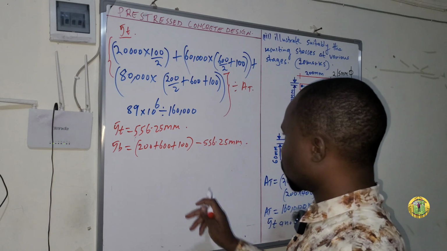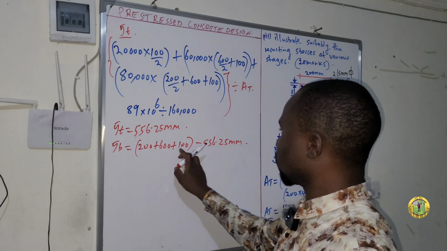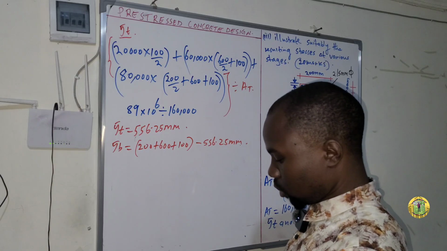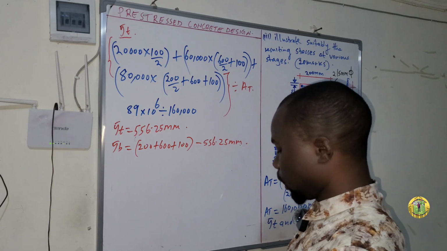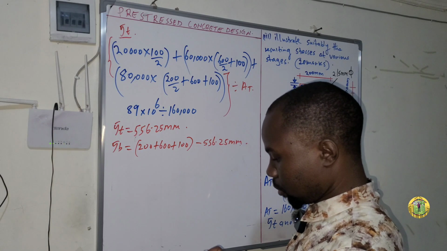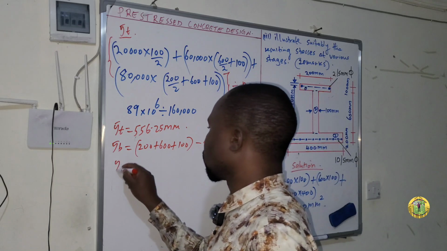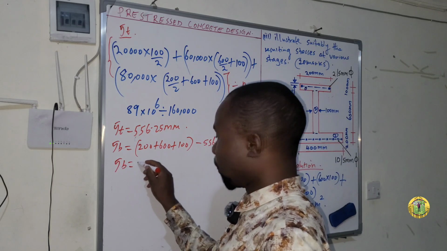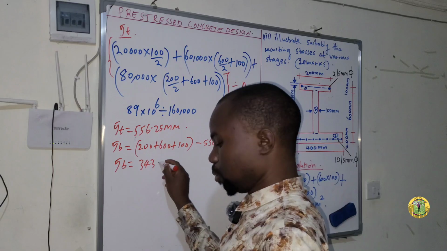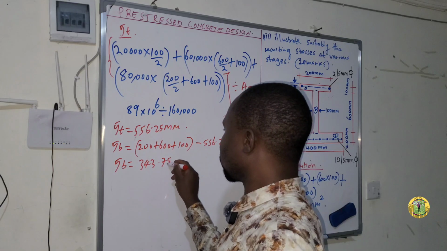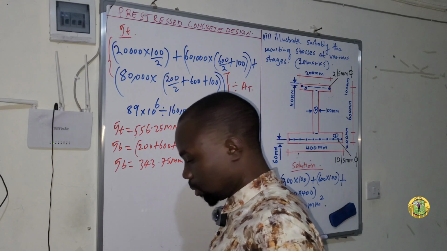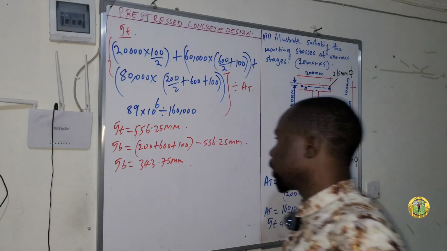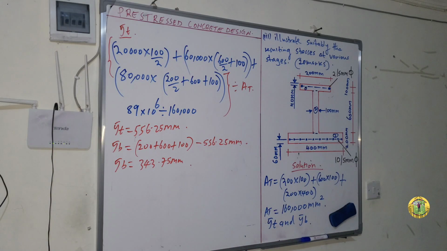So this is 900 minus the answer. So you'll get y bar bottom to be 343.75 millimeters. So that is the y bar bottom.